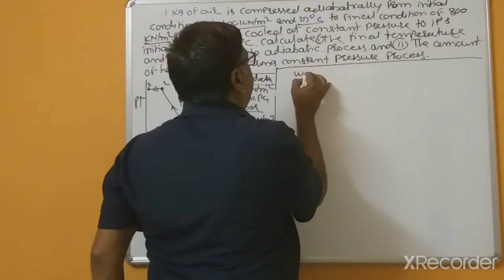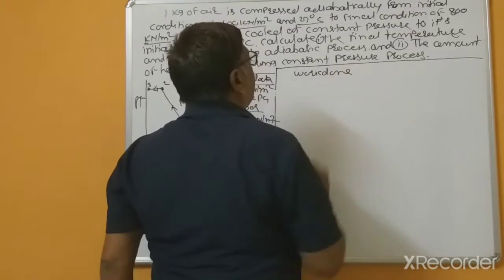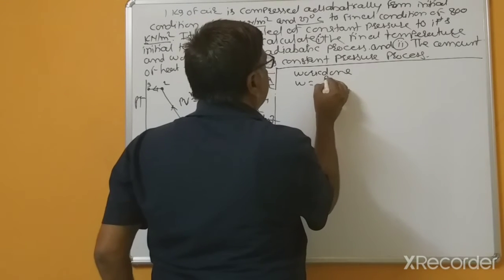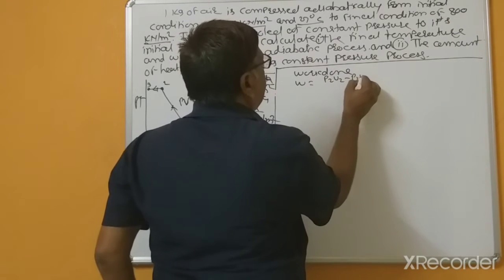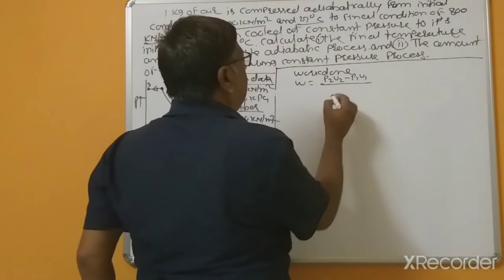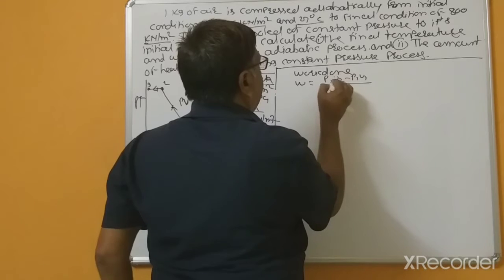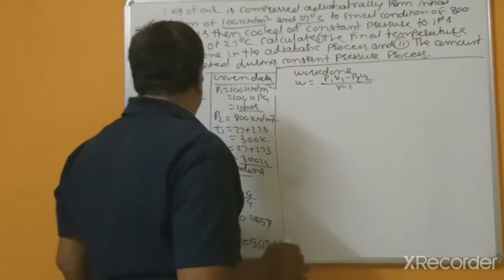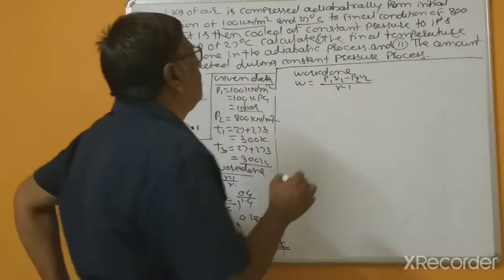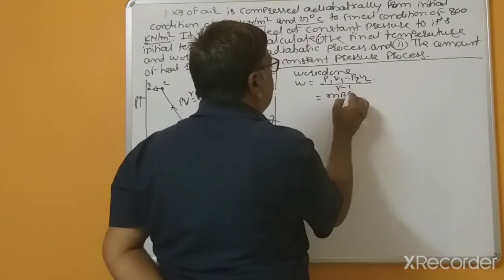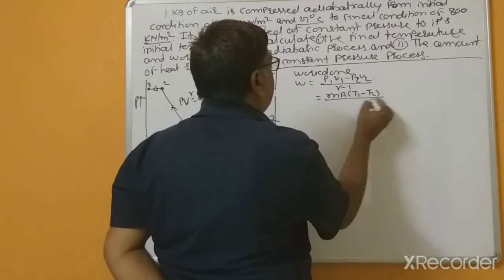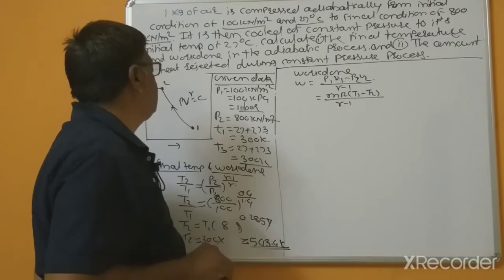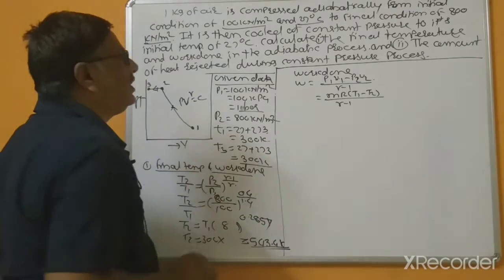Now work done: W equals (P1 V1 minus P2 V2) divided by gamma minus 1, or mR (T1 minus T2) divided by gamma minus 1, because volume is not given, so we can use this relation.